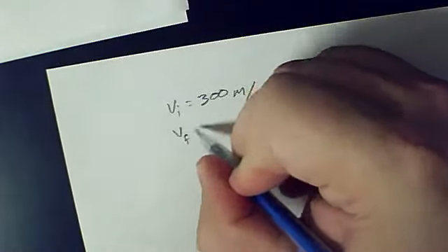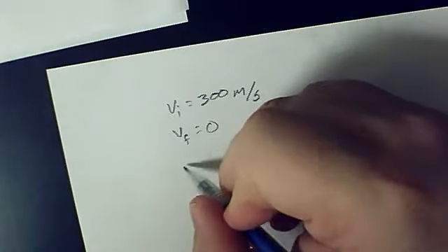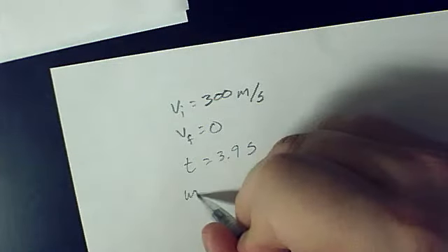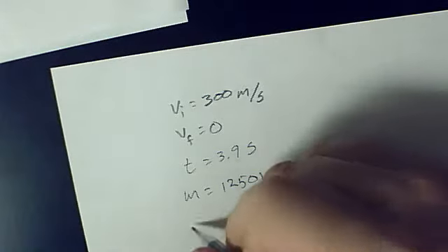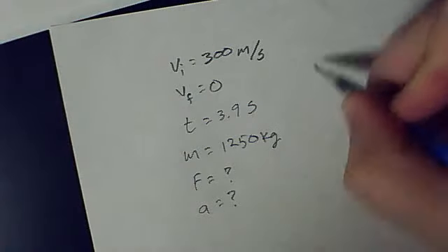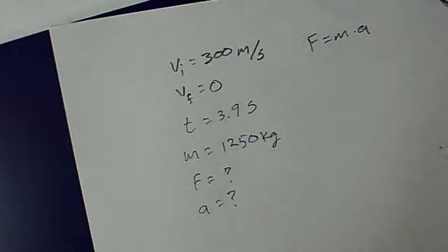The final velocity is 0 because he comes to a stop. Time is 3.9 seconds. His mass is 1,250 kilograms, and it wants to know the force. Well, in order to find the force, I have to know the acceleration, because F equals m times a.